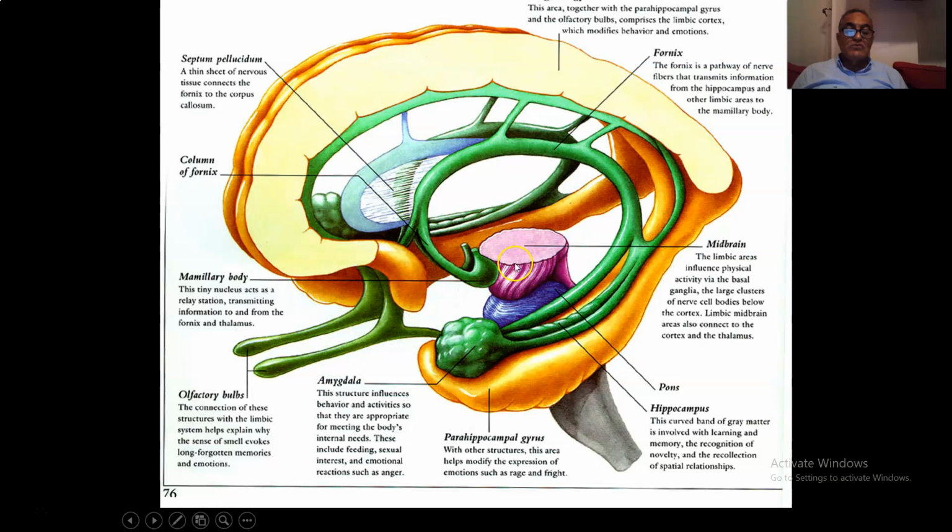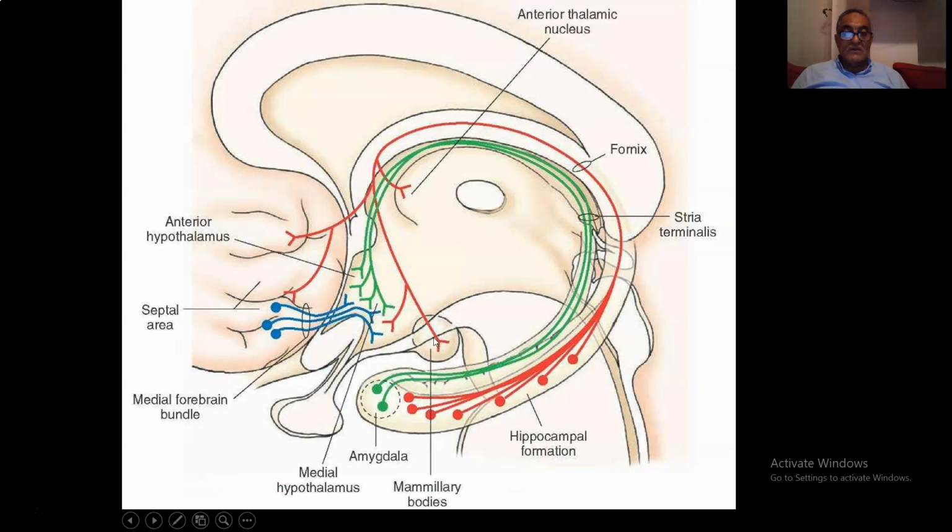This is a more detailed view showing how the hippocampus gives the fornix and ending into the mammillary body, and how the amygdala is connected to the olfactory nerve by the lateral olfactory stria.